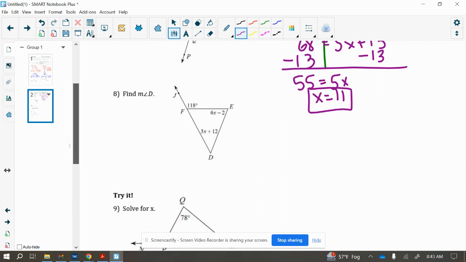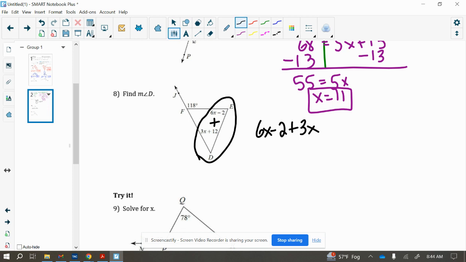Now, occasionally they will ask you to plug that value of x back in. So in number 8, we can set up and find x by adding our two remote interiors together. And this time they need to sum up to equal our exterior angle, which is 118.